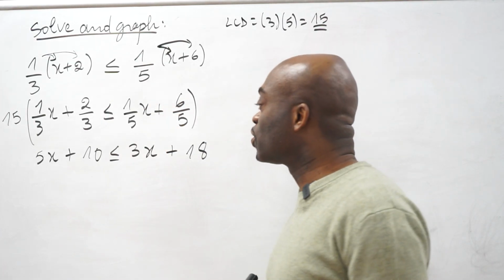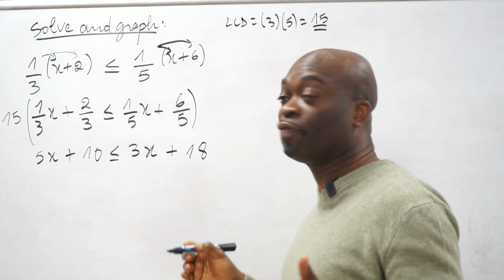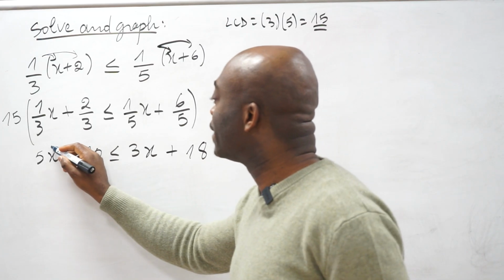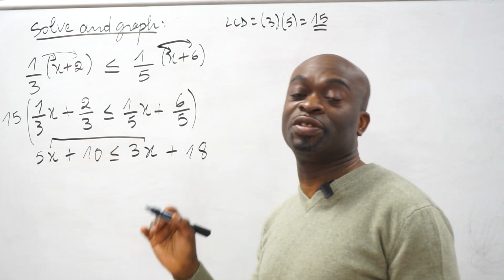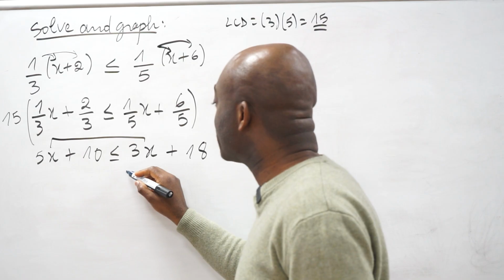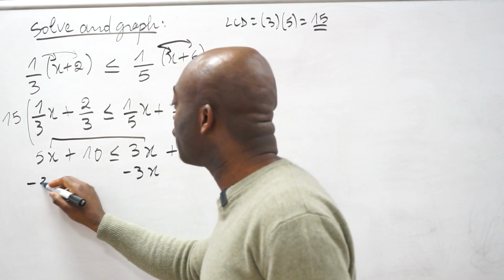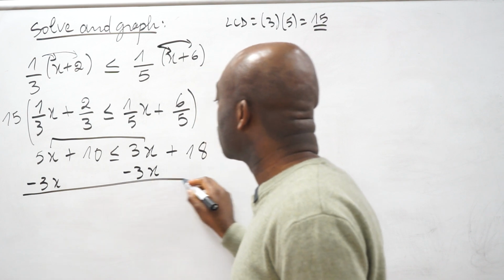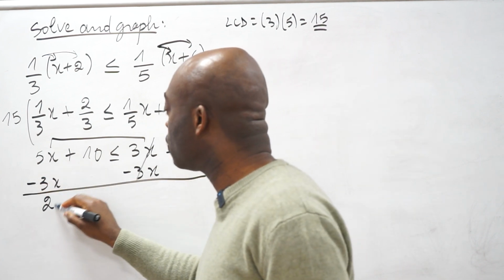All right, so once we get this, remember, what are we solving for? x, right? So we have to combine these two together. A lot of times we move the lowest to the largest one. So positive 3x is going to move over. 5x minus 3x is going to give us 2x.